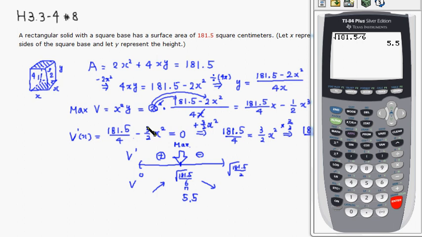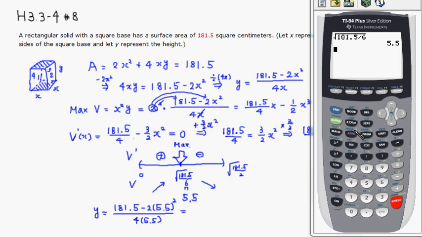Then the y value: we have an equation here, so we just have to plug in 5.5. So y is 181.5 minus 2 times 5.5 squared divided by 4 times 5.5.